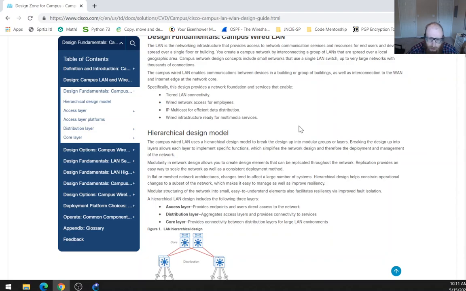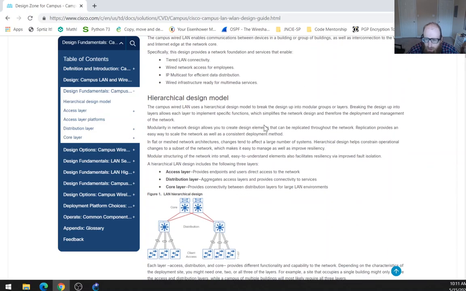Modularity in network design allows you to create design elements that can be replicated throughout the network. Replication provides an easy way to scale the network, as well as a consistent deployment method.